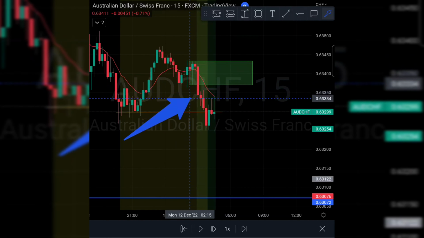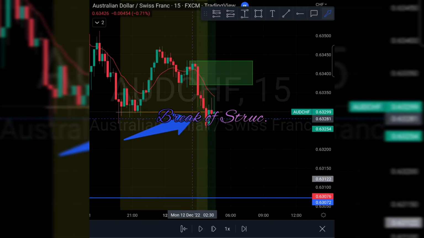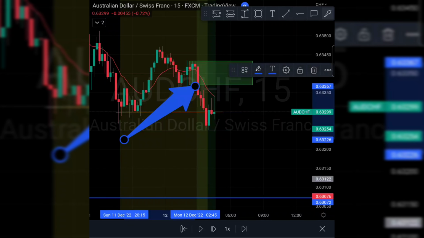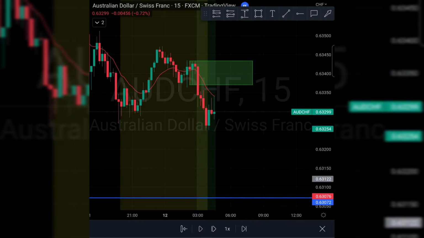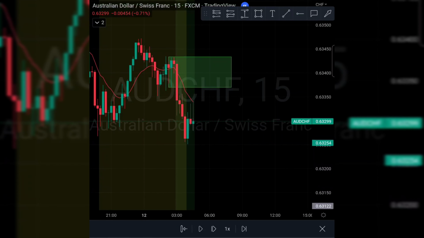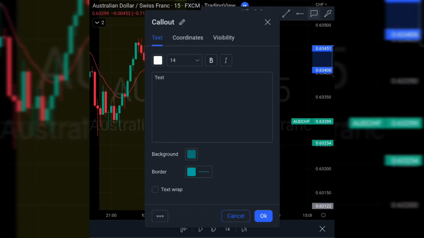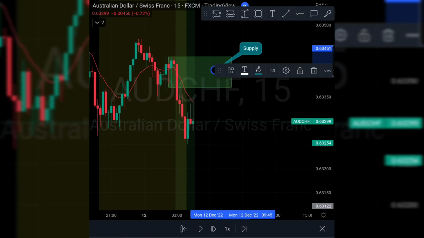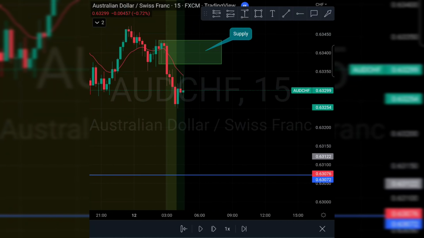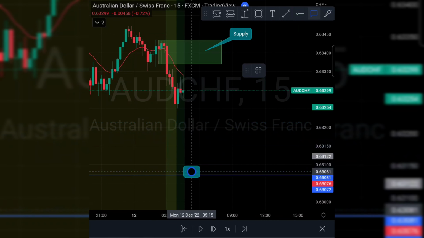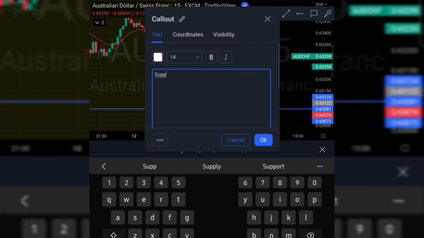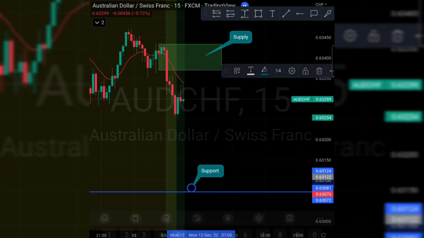And this supply comes down and breaks structure, because this is structure, and throws us a 15-minute setup. If you watch my previous videos, you know that I love this setup that breaks structure. So let's mark up our supply, and we also have a support down here as well. So I have to know that.